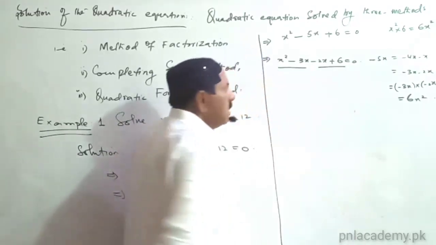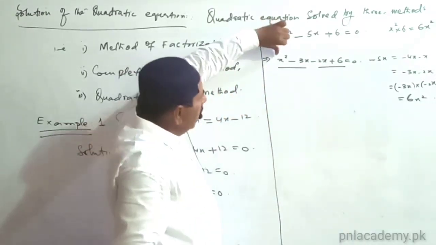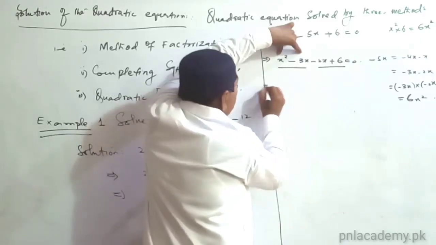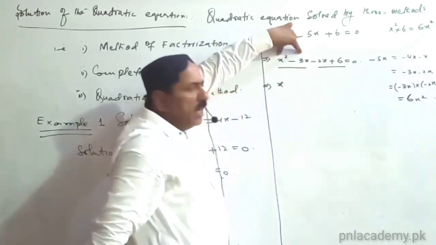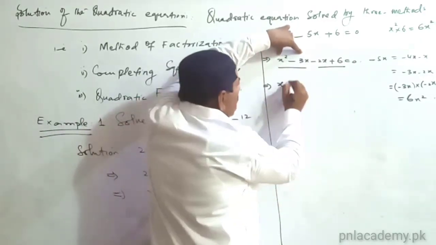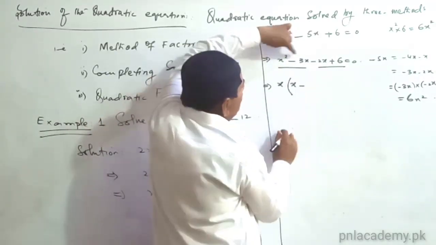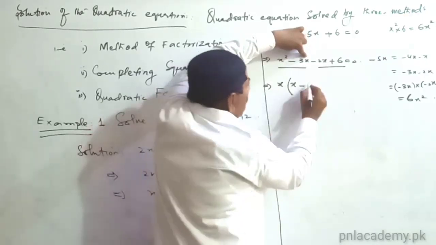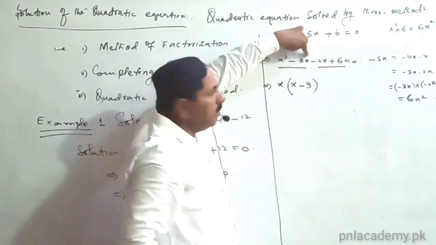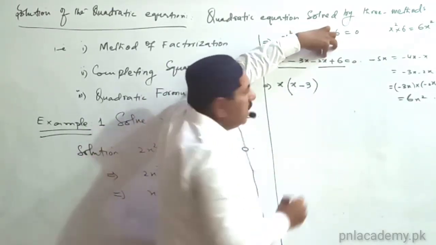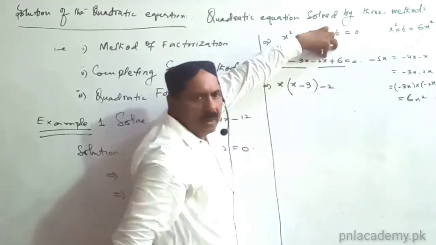So pairwise, in x square and minus 3x, the common is x. If we take x as common, then from x square remains x, and from minus 3x, with x common, the remaining is minus 3. From minus 2x and plus 6, minus 2 is common.